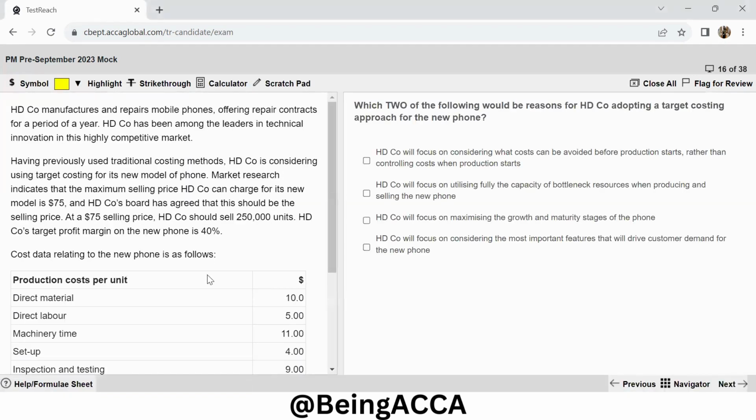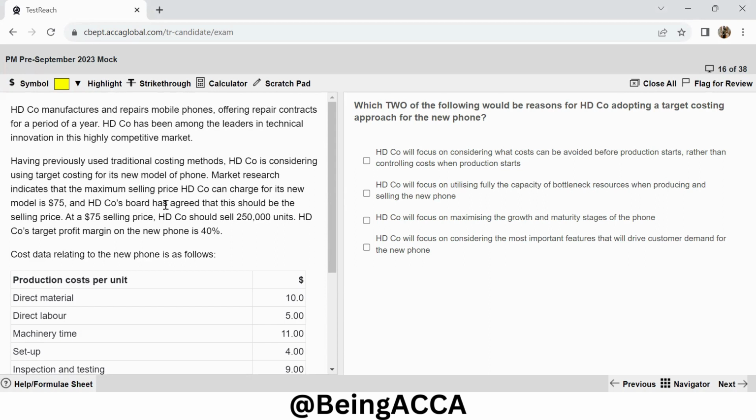Yes, so here we have the question, and over here we have the sub questions that will be taken from this case study. HD company manufactures and repairs mobile phones, offering repair contracts for a period of a year. HD company has been among the leaders in technical innovation in this highly competitive market.